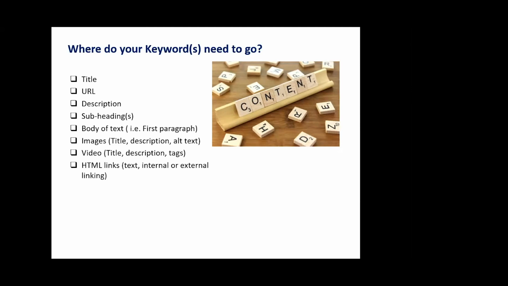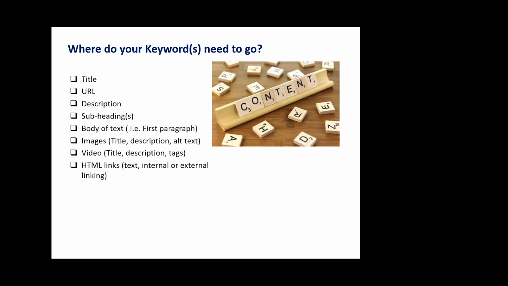but the key phrase or keyword needs to go in there as well. Your subheadings: in terms of how people consume content online, they tend to scan content, so you use subheadings to break up that content, but your keyword also needs to go into one of your subheadings. Somewhere in the body of the text, ideally the first paragraph. If you're using images, your keyword needs to go into the title, the description, and what's called the alt text.